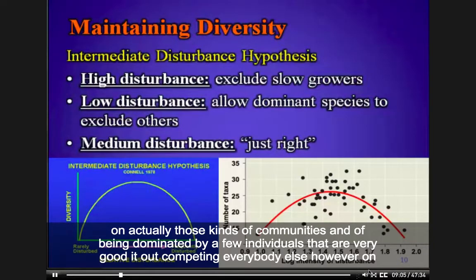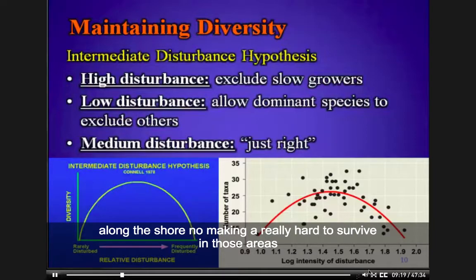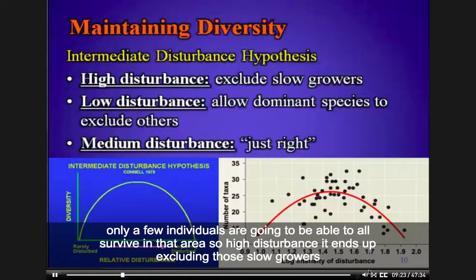Actually, those kinds of communities end up being dominated by a few individuals that are very good at outcompeting everybody else. However, on the other extreme, if you have a habitat that has a huge amount of disturbance, like waves crashing along the shore, making it really hard to survive in those areas, only a few individuals are going to be able to survive in that area.